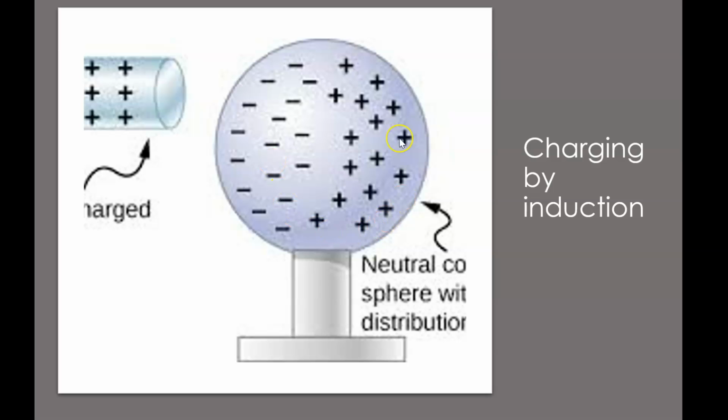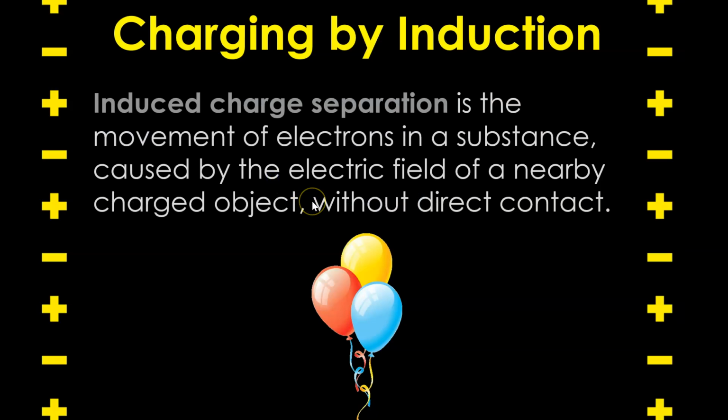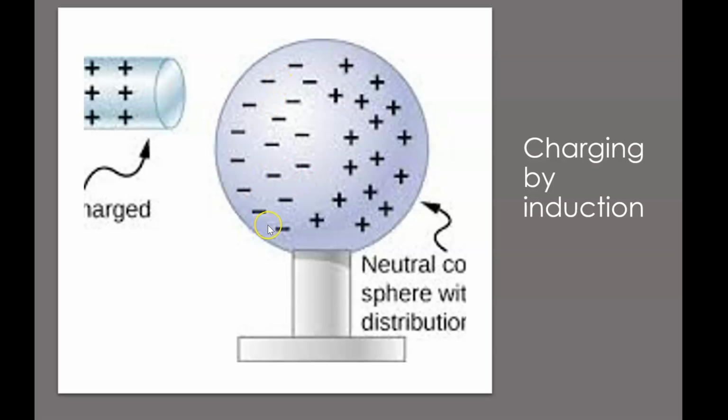Overall, this object is still neutral, but the side that's closest to that positively charged rod is going to be more negatively charged, and the side that is away from that positively charged rod is going to be more positive. Okay, so this is called charging by induction.